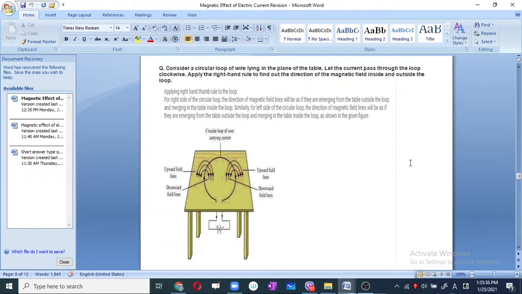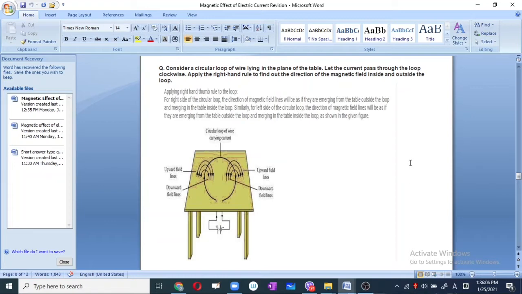on the left hand side, and on the other side, if you place your right hand thumb in the similar way like before and find out the direction of the magnetic field here, you'll find the direction of magnetic field is anti-clockwise. So this is how we make a figure like this, and we find the direction of the magnetic field inside and outside the loop.